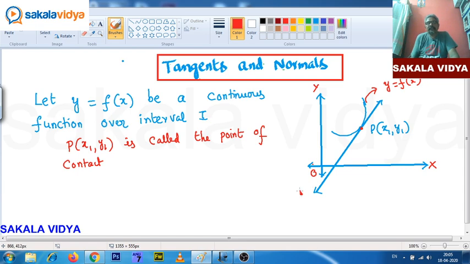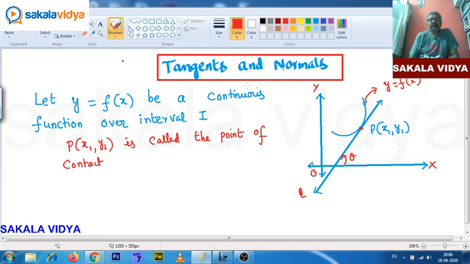This line is L. This L is called the tangent to the curve y is equal to f of x. This tangent makes an angle, say theta, with the positive direction of the x axis.